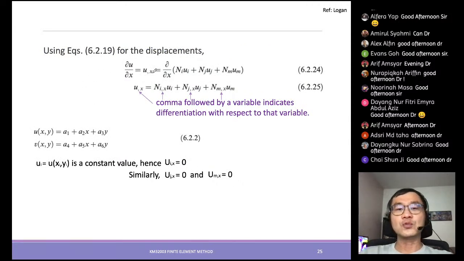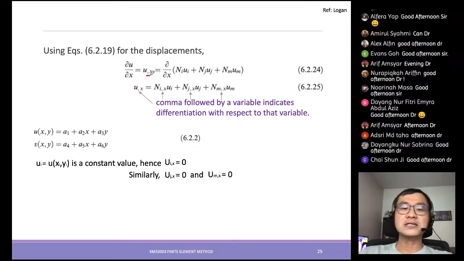Again, if we want, we can always differentiate partially with respect to the direction x or y. In this form we simplify the partial derivatives with respect to x by using the notation of comma x.